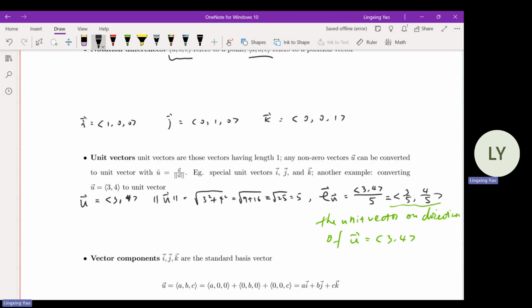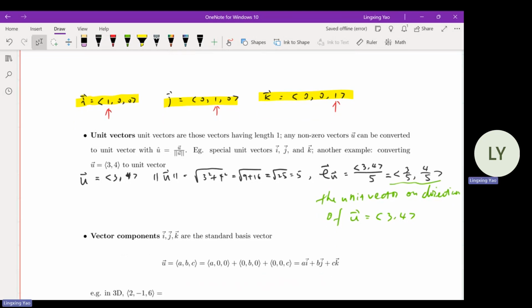And maybe you guys already noticed, I use this notation and this notation and this notation to indicate the special unit vectors. One thing we noticed is that this I is only having 1 on the x, and j is 1 on the y, and the k is 1 on the z direction.